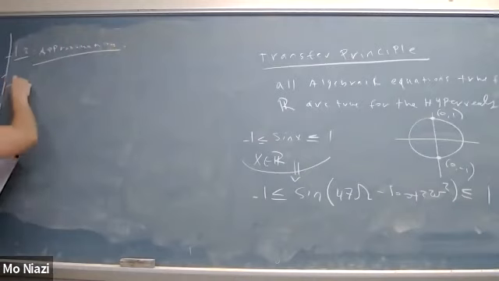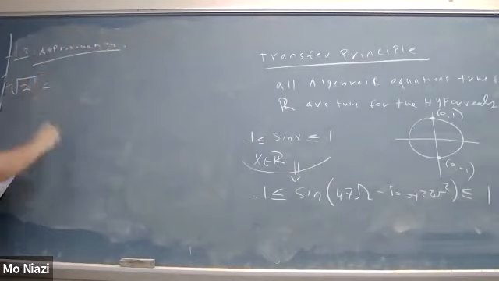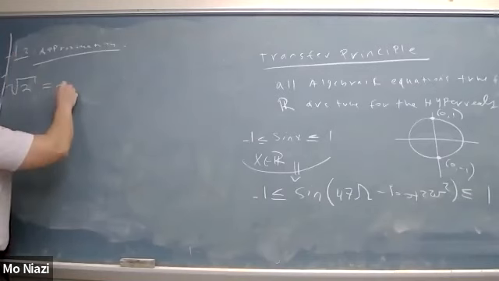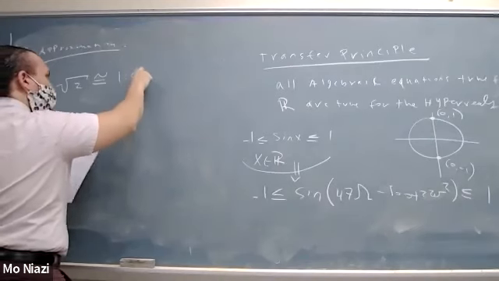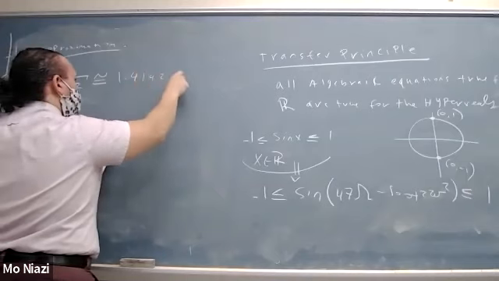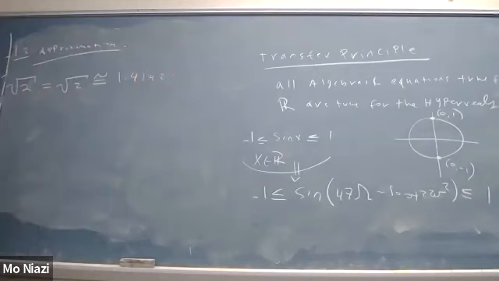Let's talk about the square root of 2. What do you guys think this number equals? One point something. That's not true. This number actually equals square root of 2. It can be approximated as 1.4142, but those dots imply that that is just an approximation.